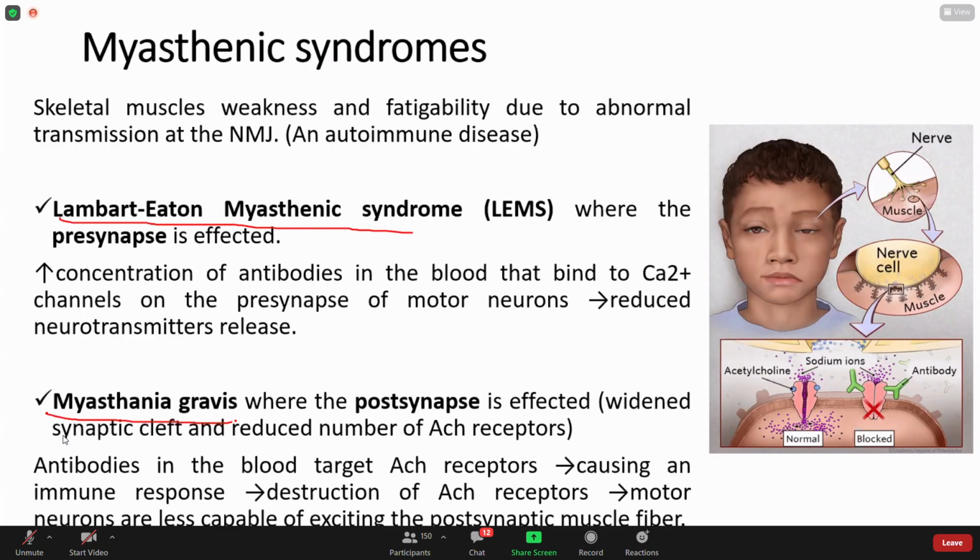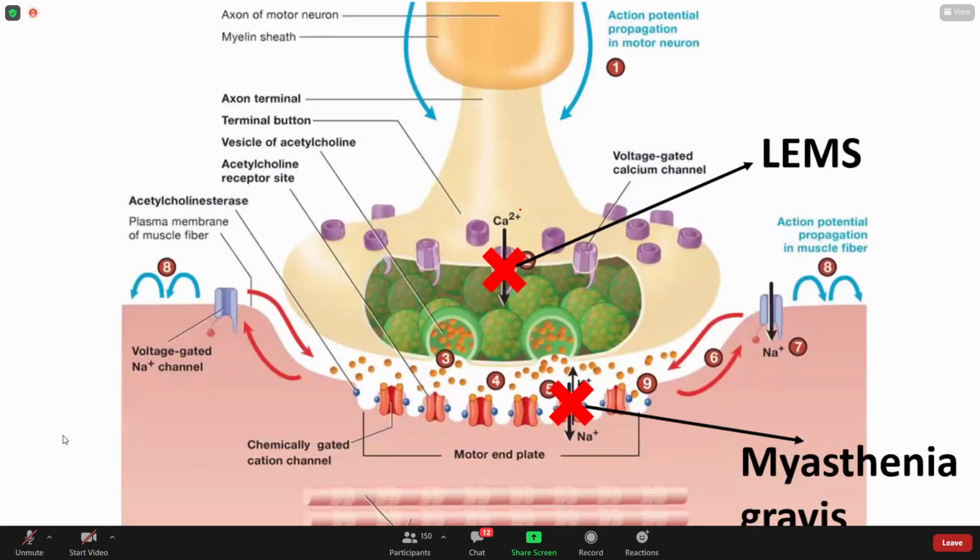The difference is that in the Lambert-Eaton myasthenic syndrome, the antibodies target the voltage-gated calcium channels. So when the voltage-gated calcium channels are destroyed, what do you think will happen? No neurotransmitter release into the synaptic cleft. Therefore, there will not be enough excitation of the muscle, isn't it?